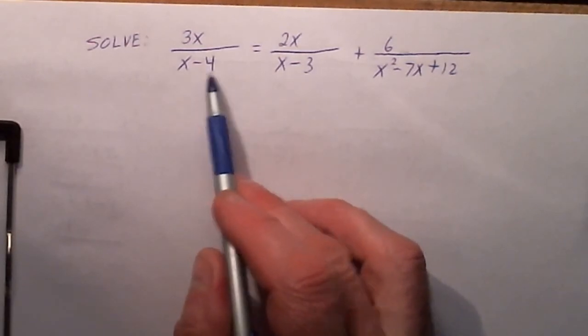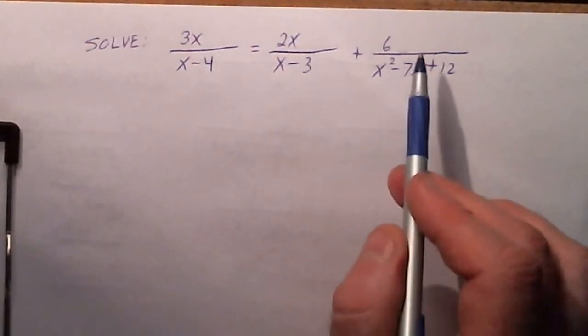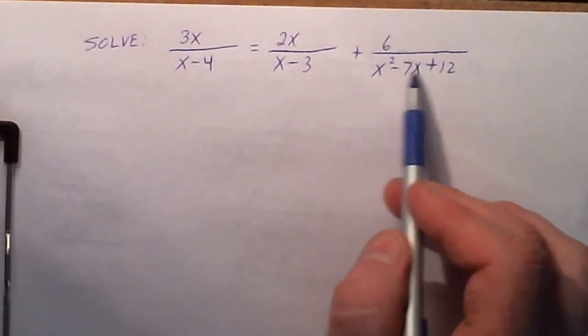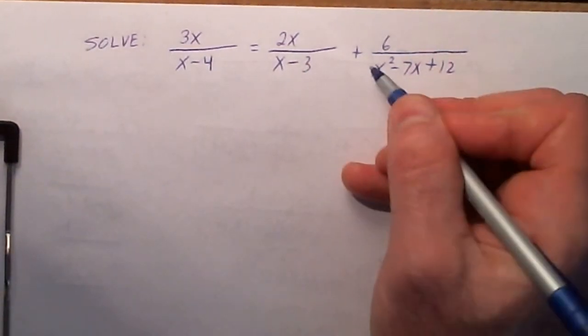Notice x minus 4 is completely factored, x minus 3 is completely factored, but this trinomial is in need of factoring. So we need to completely factor this trinomial.